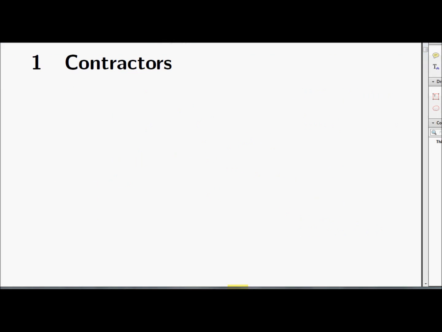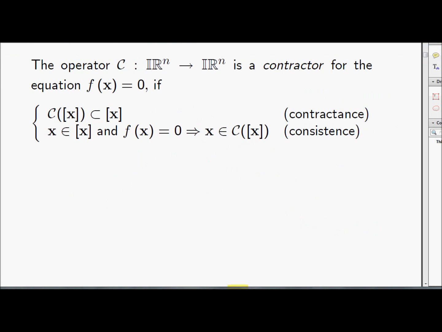Here I have defined a contractor as an operator from the set of all boxes to the set of all boxes which satisfies the contractance property and the consistence property as explained before.